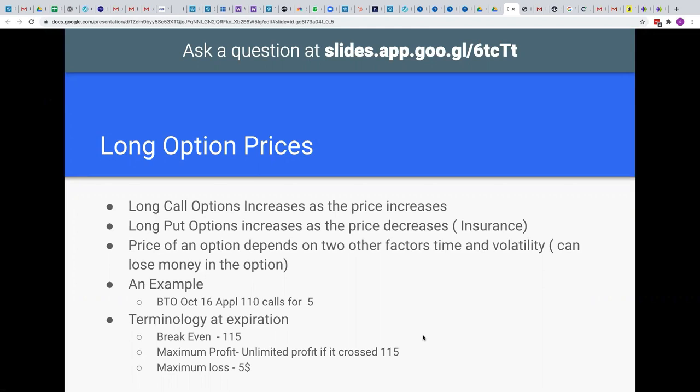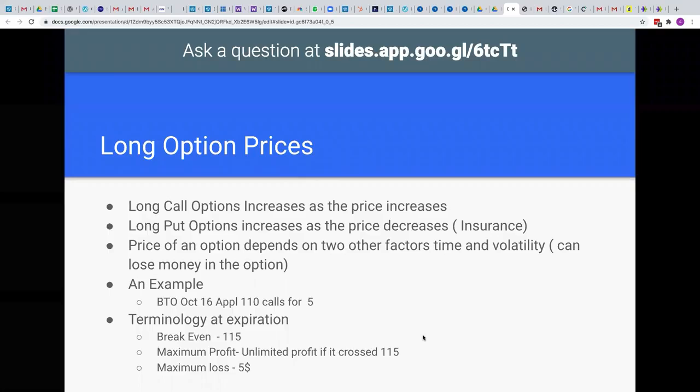For example, today we had one trade, which is DKNG. We bought 60 puts and we are right now at the money. Let's say you had bought 55 puts, and you are out of the money.